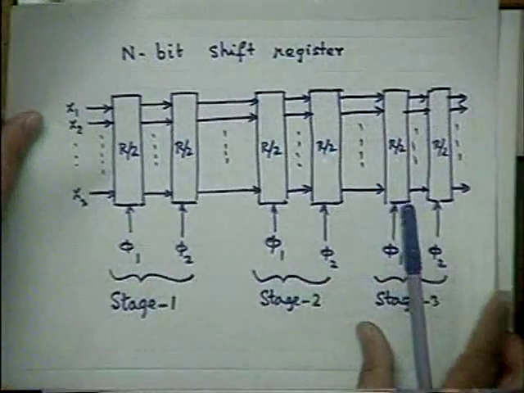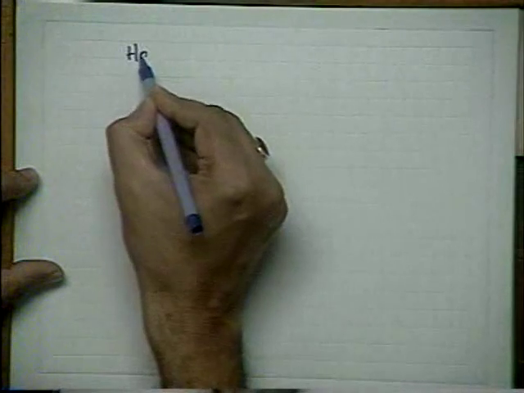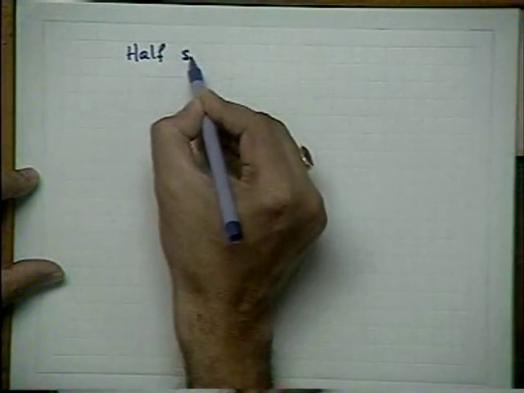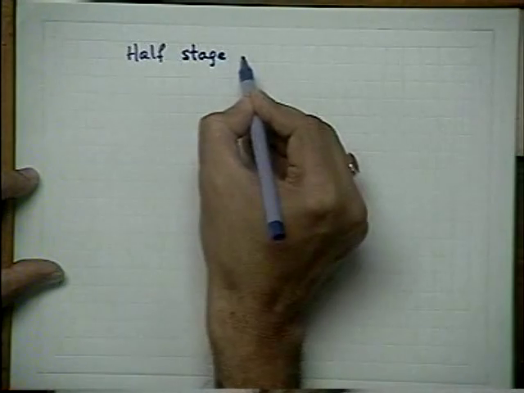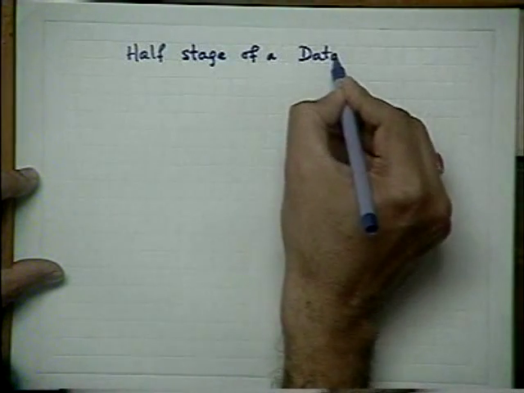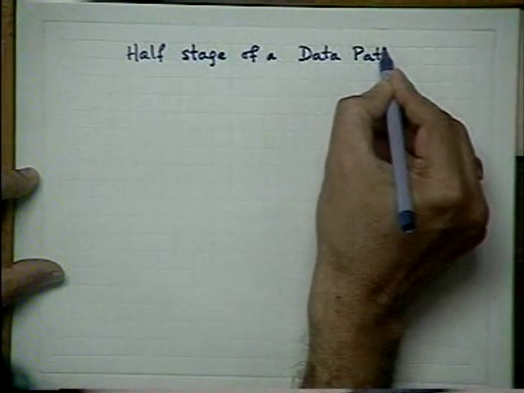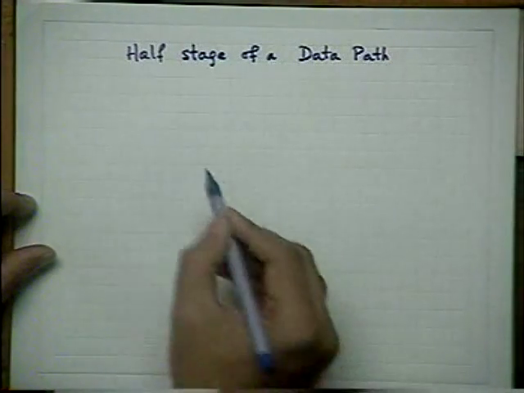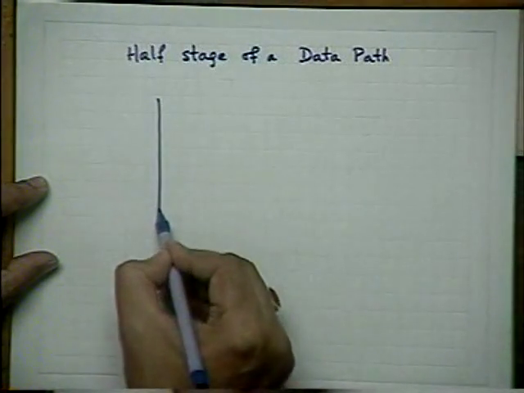But as you know, there are many shift register applications where we need some kind of data path or pipeline data structure. In the case of a data path, half stage of a data path you can represent like this.